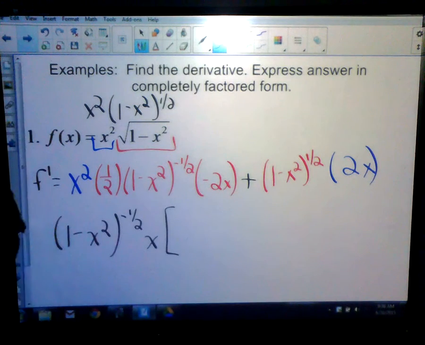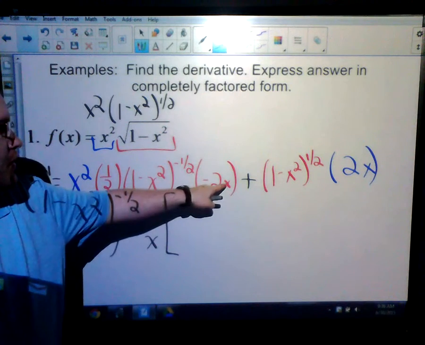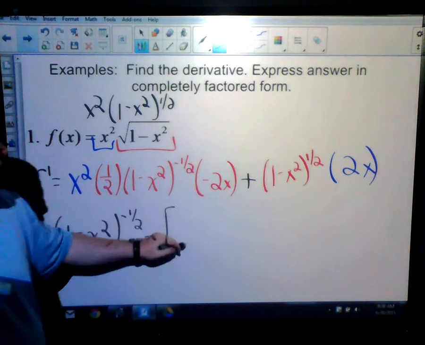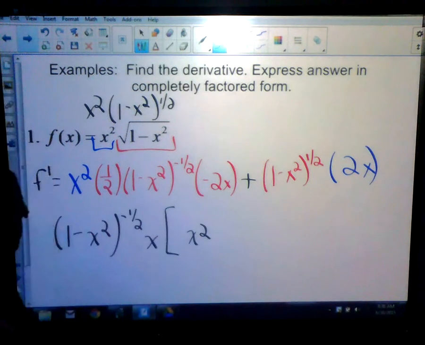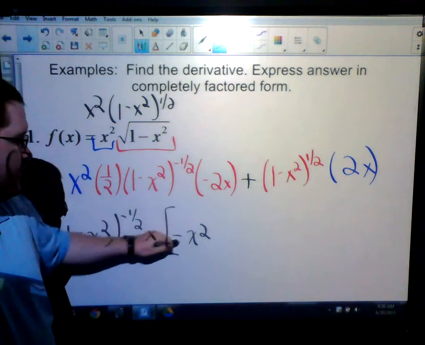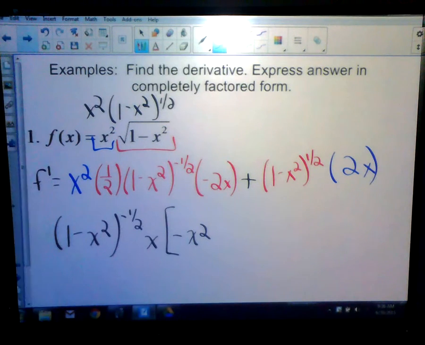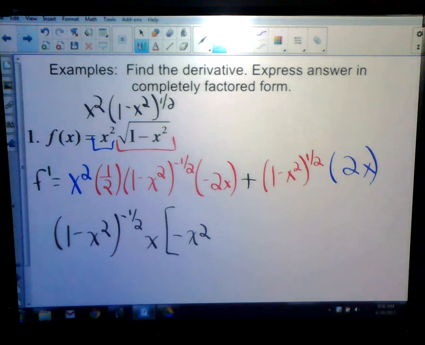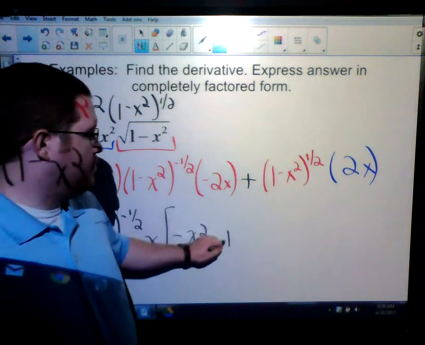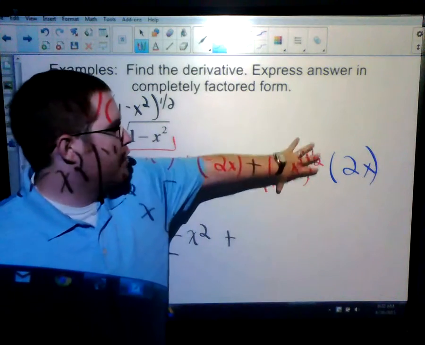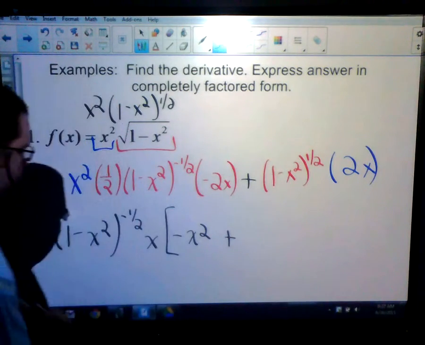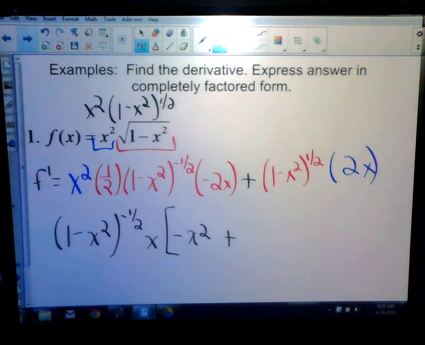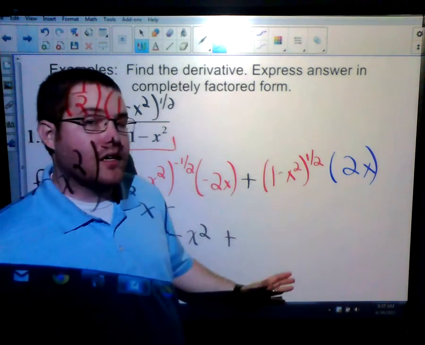Let's see what's left inside. This is going to be an x cubed, but I've pulled 1x out, so it's going to be an x squared. The negative here, and the 1/2 and the 2 will cancel. This thing is already on the outside, there's nothing left. Plus, this right here is a positive 1/2, and I factored out a negative 1/2. When you factor out, you subtract. So what's my power going to be?